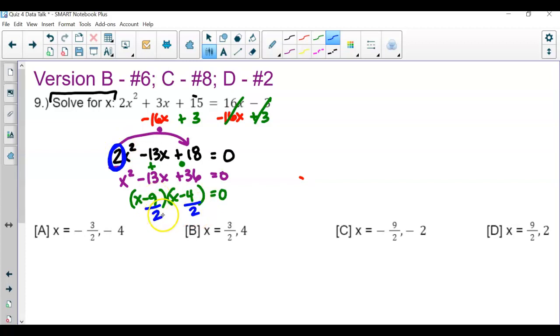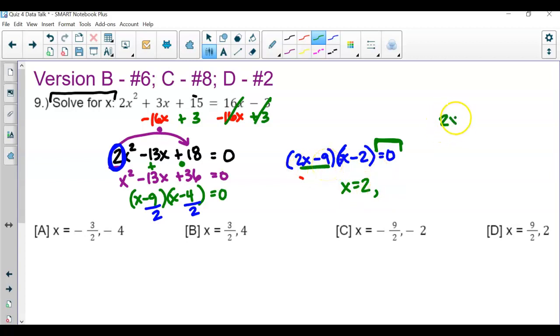So here I've got 2x minus 9, oh, I'm sorry, not equal to, times x minus 2 is equal to 0. And again, because we have set equal to 0, here I've got x minus 2, so x is equal to positive 2, then also 2x minus 9. So 2x minus 9 is equal to 0.